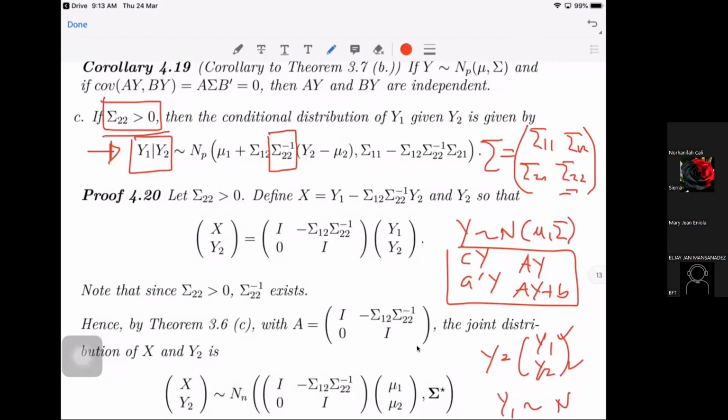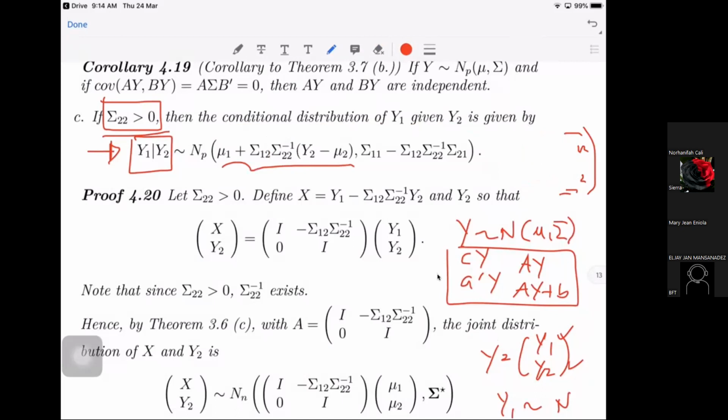So if sigma 22 is a positive definite matrix, then the conditional distribution of y1 given y2 is given by this.